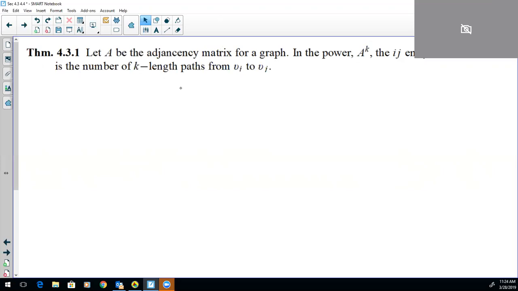Okay, got a nice example here in a minute, but let's try to prove this by induction. So, an inductive proof, we have to start by looking at the basic case, k equals 1. Well, this is obvious, right? Because this is how the adjacency matrix is formed.